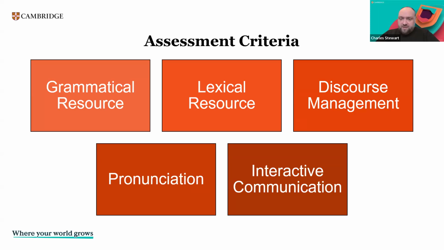And also for the C2 level, they do look at things like intonation and sentence stress for emphasis. And then lastly, interactive communication is how well you are interacting with your partner. Now, even if your partner has a better or worse level of English than you have, it doesn't matter. What they're looking for in this particular aspect is how well you're managing the dialogue and the conversation between you and your partner.